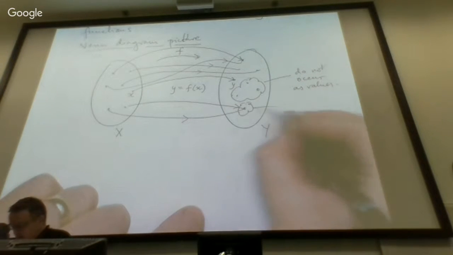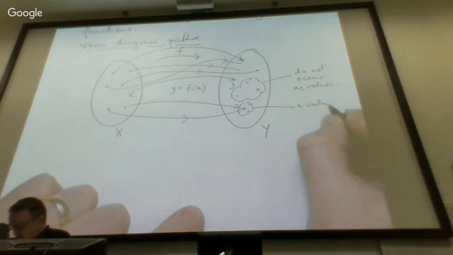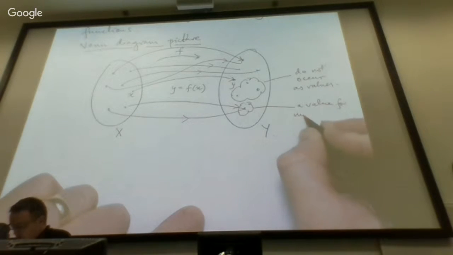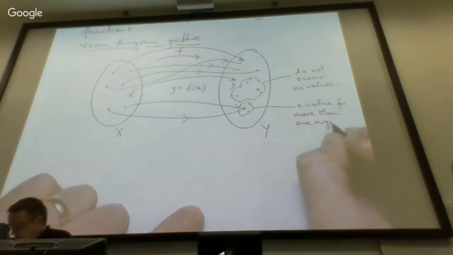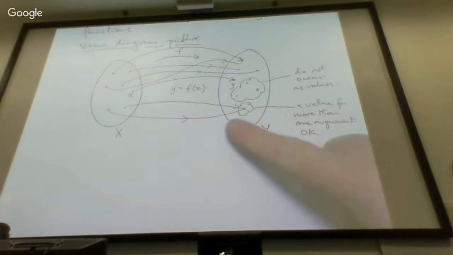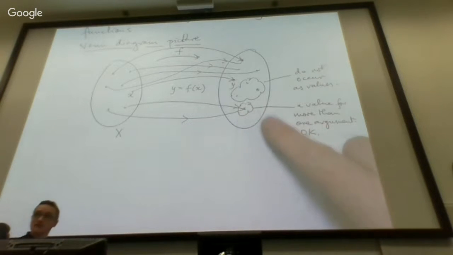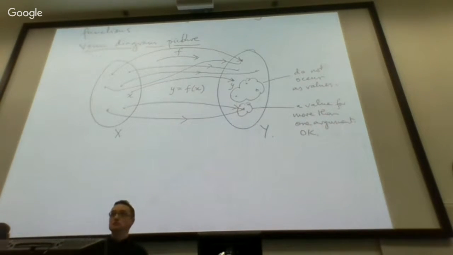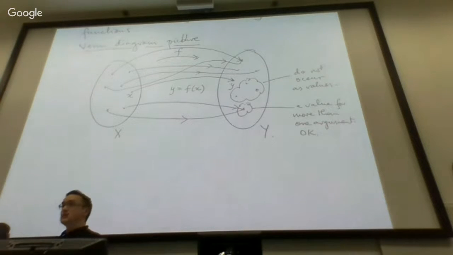So here you see a value for more than one argument. And that's okay. Certainly a valid looking function. And you could even have 2 or 3 or 4, any number of arrows coming into that value that you want. That would still be a function.